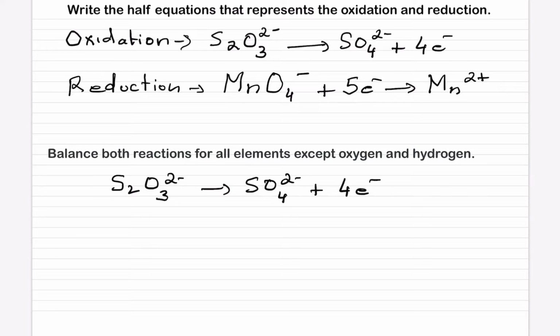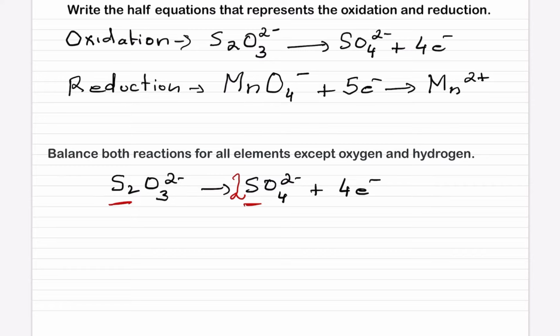Now in this equation we will first of all balance sulfur, because we don't have to balance oxygen and hydrogen yet. So what do we see here? There are 2 sulfur and there is 1 sulfur over here. So let's put a 2 over here. Now we can see that sulfur is balanced in the oxidation reaction.